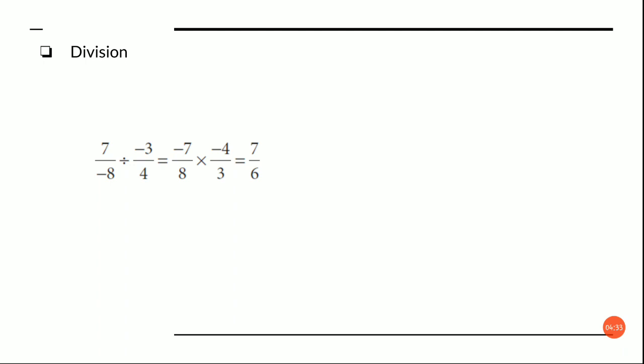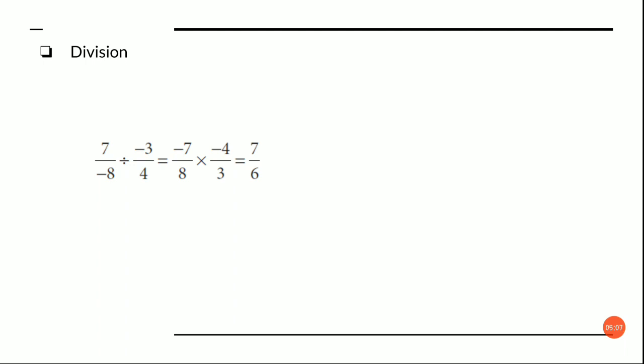Now the next one is division. Usually in the concept of fractions, when they ask you to divide, what we do is take the reciprocal and then multiply. That is called division. Now see, 7 by minus 8 divided by minus 3 by 4 is given. What do we have to do? You bring the minus 3 by 4 up near 7 by minus 8, as its reciprocal.